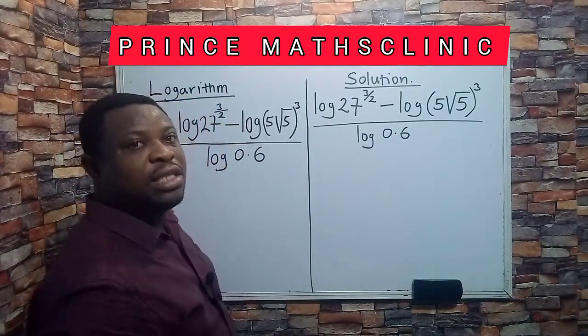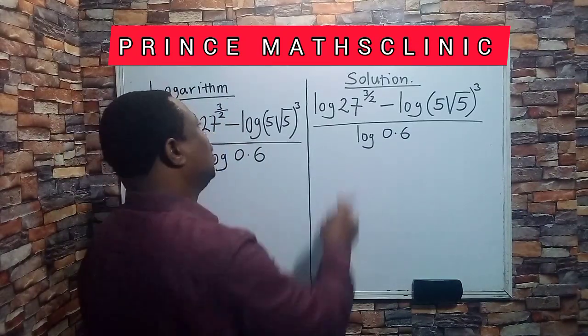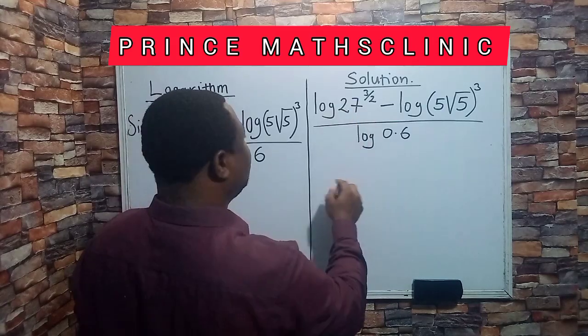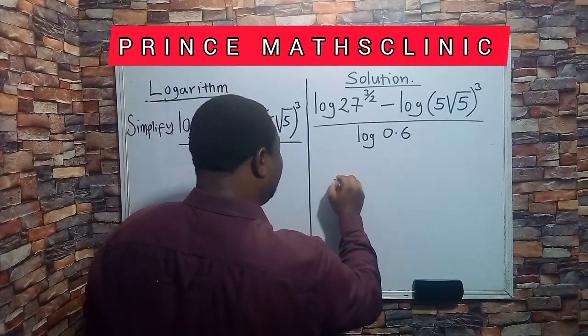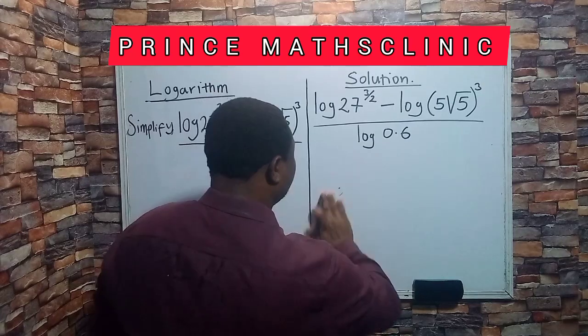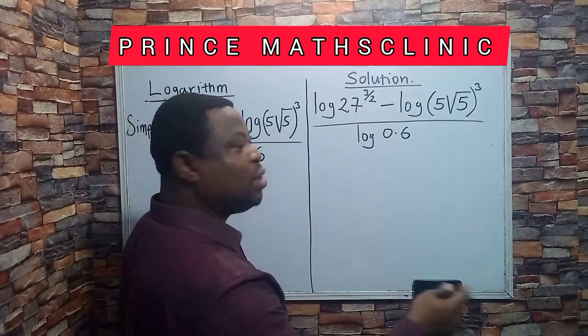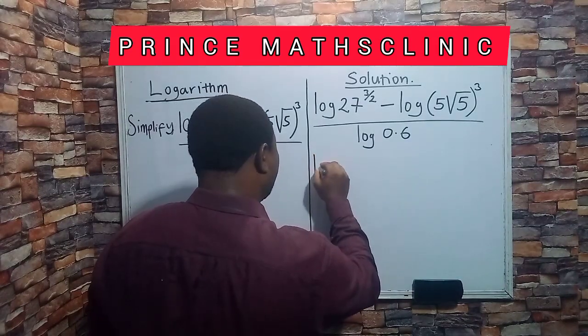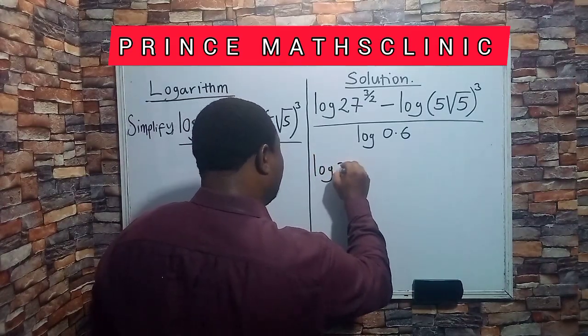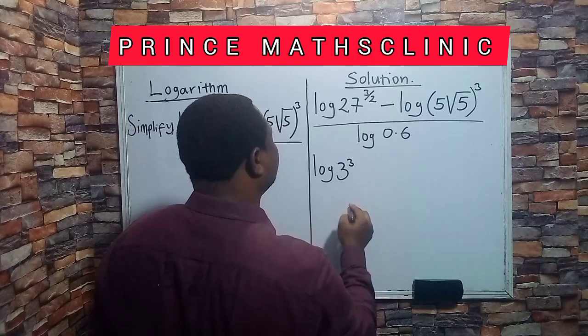Now let us start the simplification process. 27 can be written as 3 to the power of 3, right? Because 3 times 3 is 9 times 3 is 27. So this becomes log 3 to the power of 3.